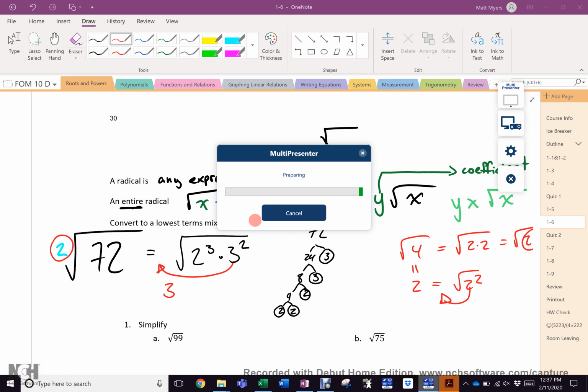This is where kids get in trouble, because they don't listen to me when I start with exponents. What does 2 cubed mean? 2 times 2 times 2. Right. So under the radical sign, there are now 3 2's, right? How many groups of 2 can I remove from a group of 3? 3. 2. 1. Okay.